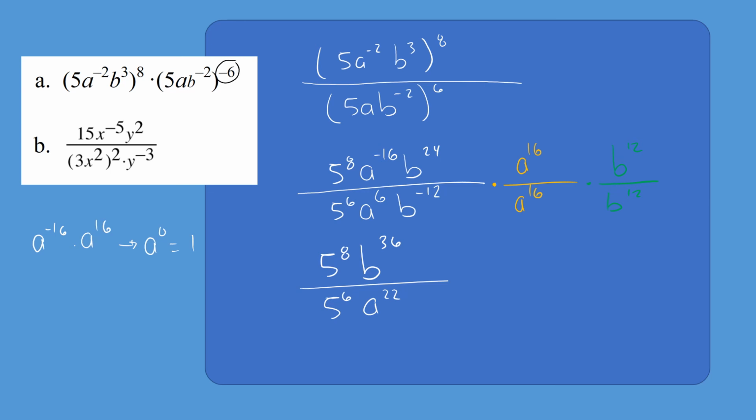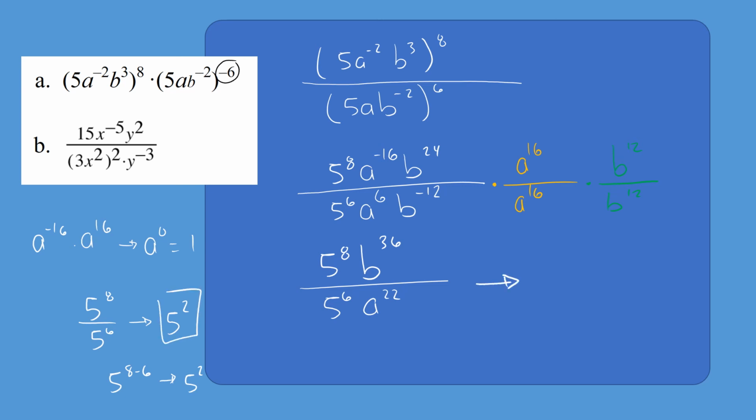I just want to clean up these factors of 5. You can see my numerator has 8 factors of 5, and the denominator has 6 factors of 5. If I wrote that out in expanded form and simplified it, I would see there are two factors of 5 left over. Of course, the shortcut is that's 5 to the 8 minus 6, which is equal to 5 to the 2nd power. Well, 5 to the 2nd power, that's the number 25.